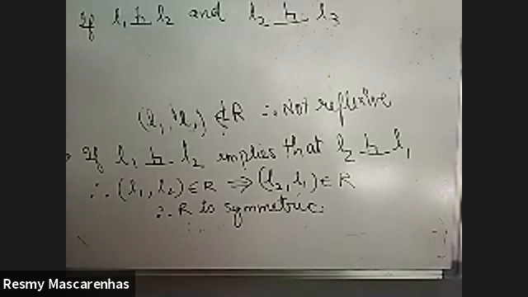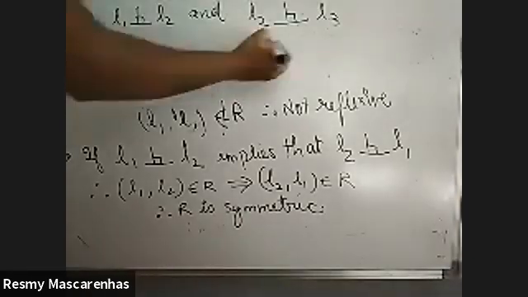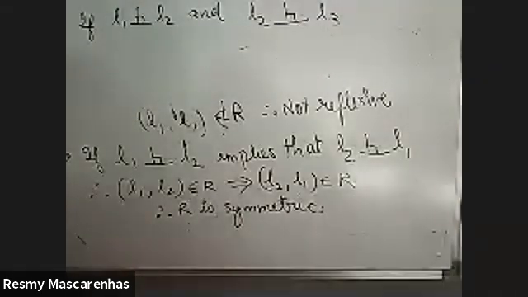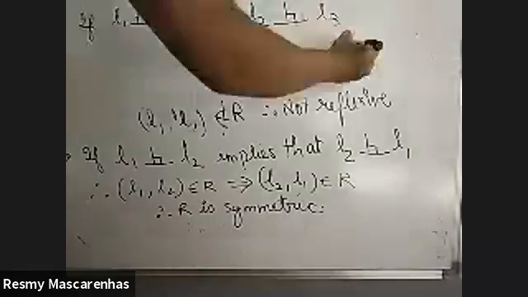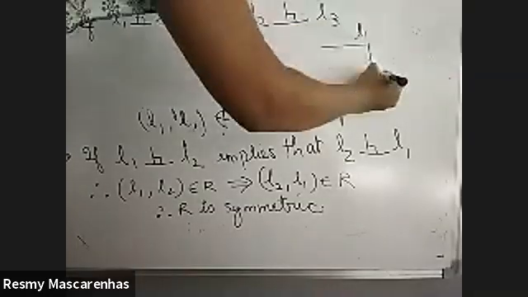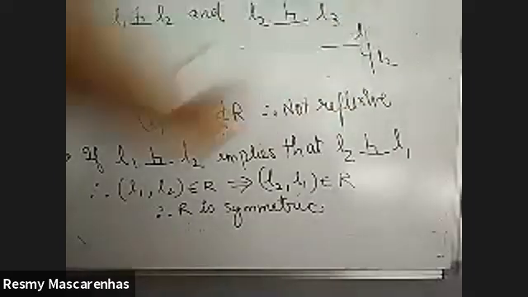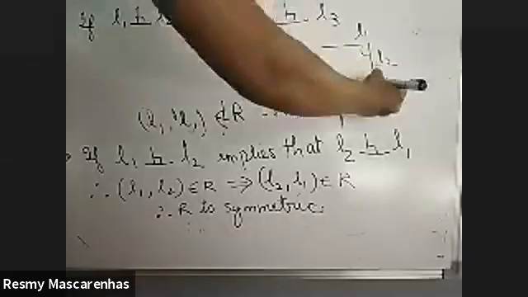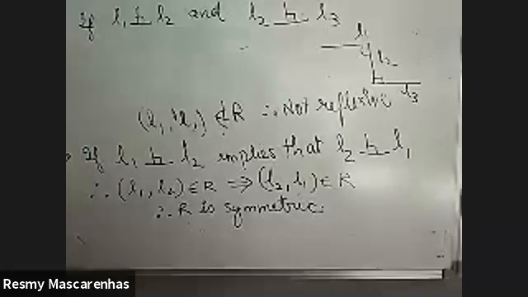Now we have to check the condition: L1 comma L2, L2 comma L3, then L1 should be perpendicular to L3. We have to check whether it is holding true or not. As per the condition, I assumed L1 is perpendicular to L2, and L2 is perpendicular to L3.